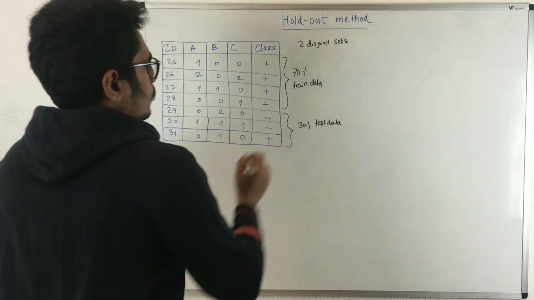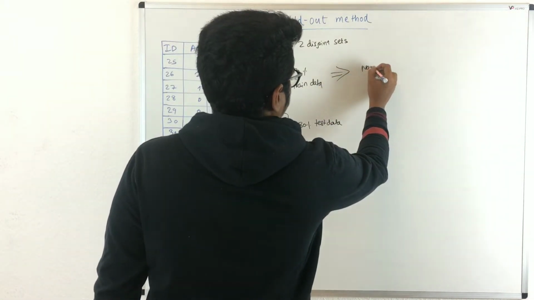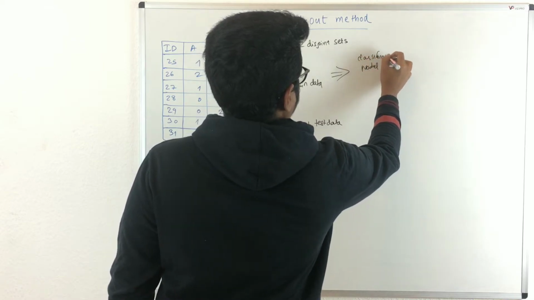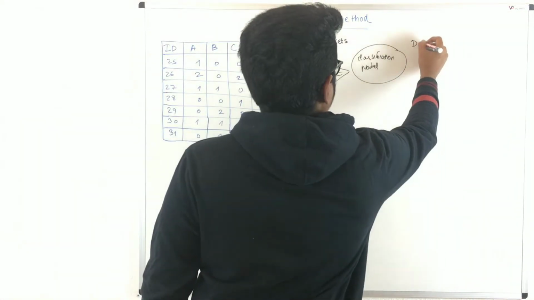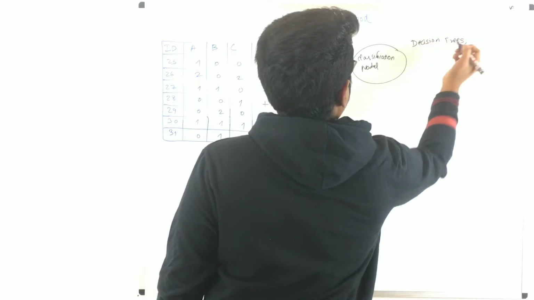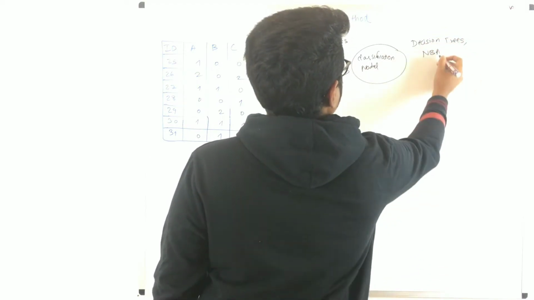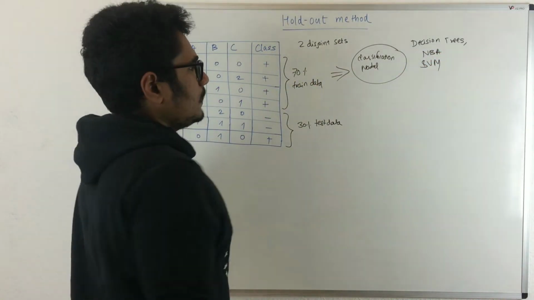Okay, now what we do is, with this training data we induce a model, a classification model. Now this model could be anything like decision trees, or it can be naive Bayes, or it can be SVM, support vector machine, anything like that.